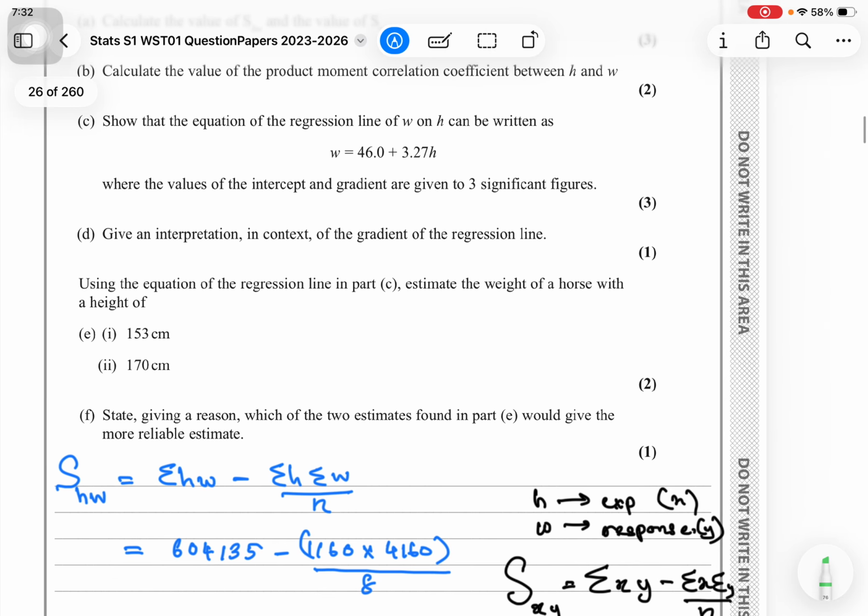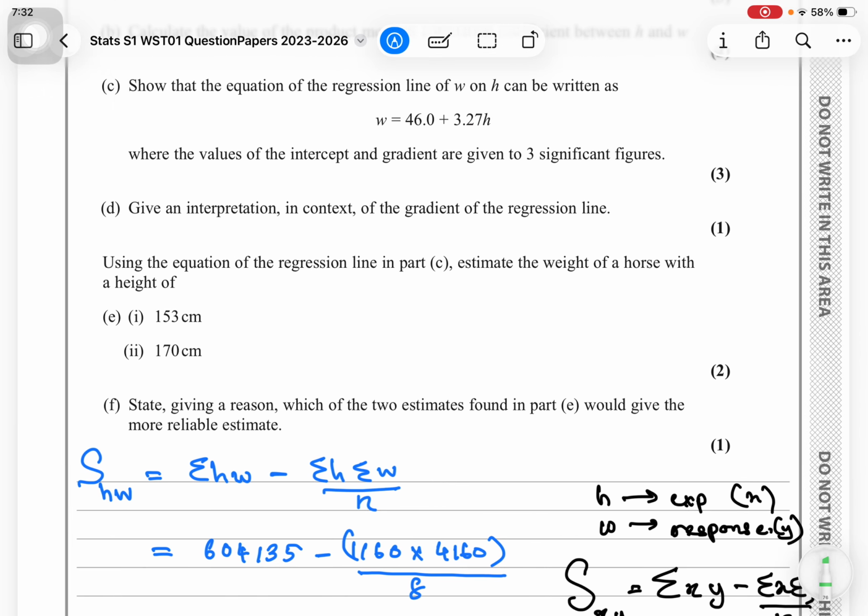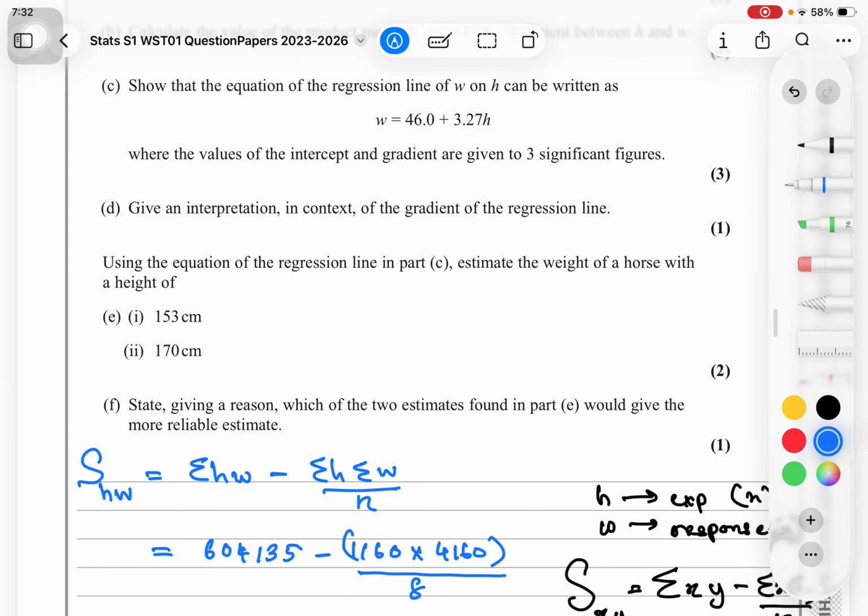Now they're asking to give an interpretation in the context of the gradient of the regression line. It's just a small answer, let me write it here. We know the gradient is the change of y in terms of the change in x.